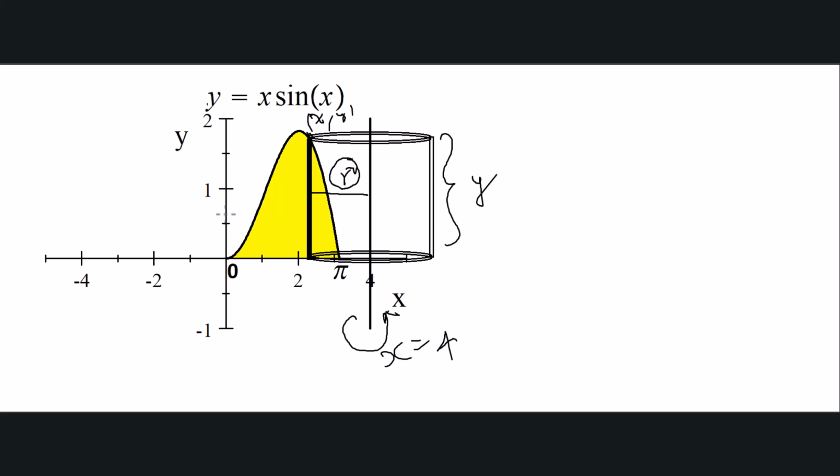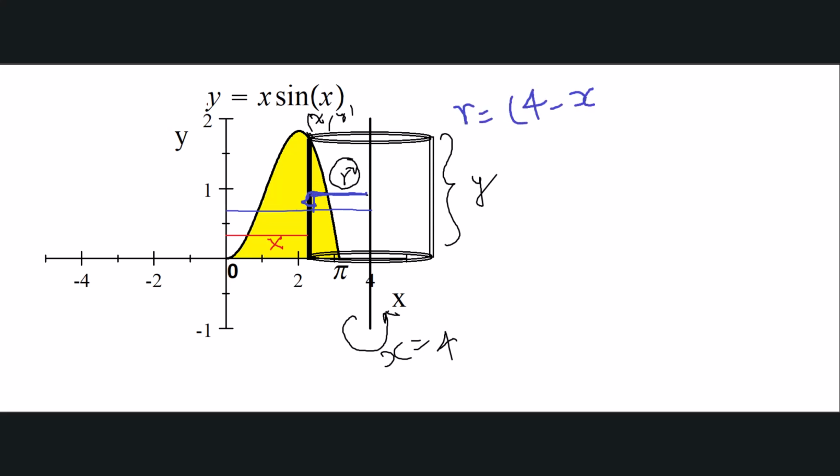So first notice that this distance right here is 4, and then this distance from here to the element is how much? About x. So here we have this as x, and this right here is 4.